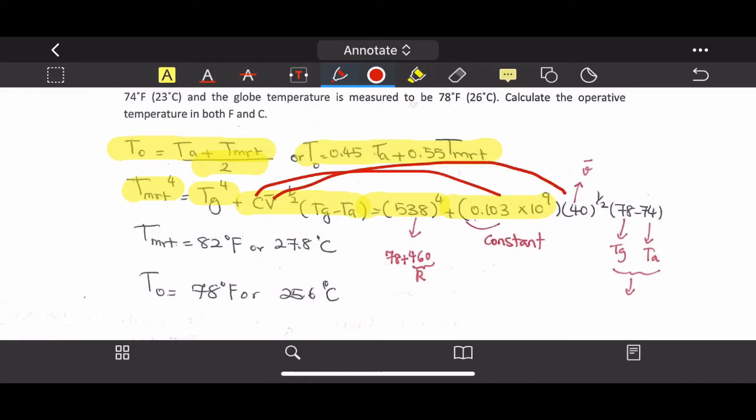V is the speed, you don't have to change it to anything. And then the difference in temperature, TG minus TA.